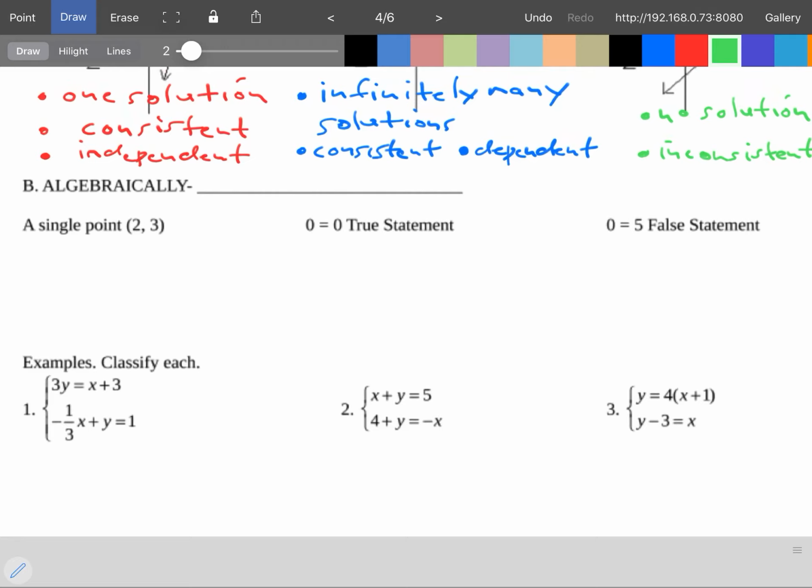So algebraically, we're going to solve the system. I'll just put solve using substitution or elimination.